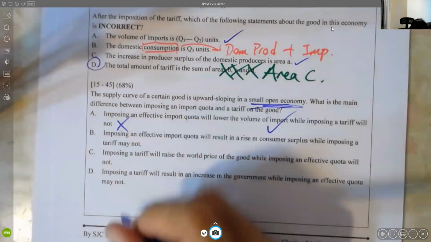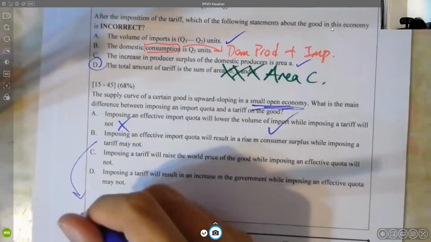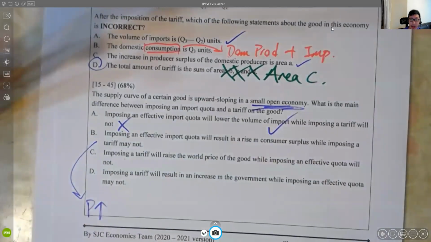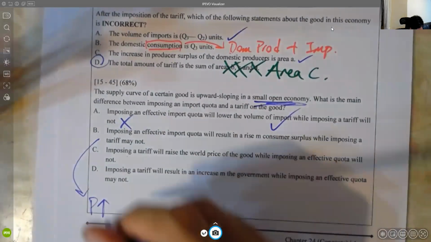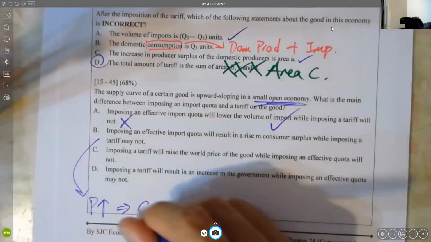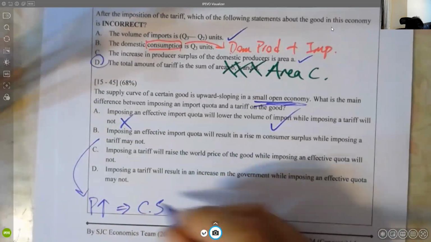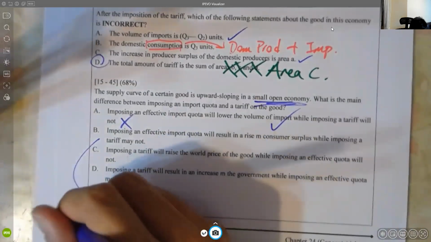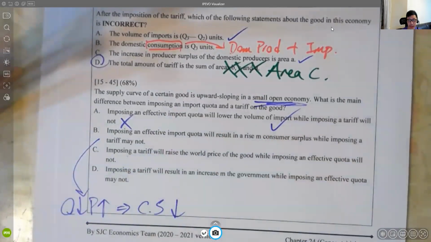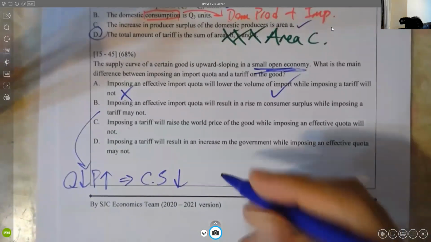Now remember, a tariff results in a higher price. When price is higher, consumer surplus would decrease, right? Now, what about a quota?